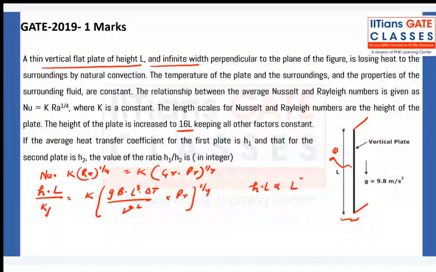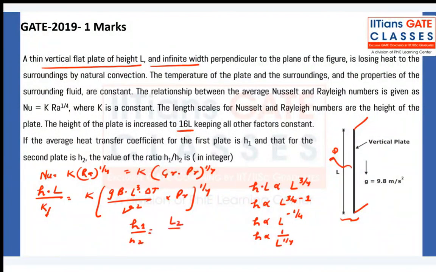Yes. So H is proportional to L to the 3 by 4 minus 1, that is, H is proportional to 1 upon L to the 1 by 4. So can I say H1 by H2 is equal to (L2 by L1) to the 1 by 4? Yes, that is right. Sahil is correct.